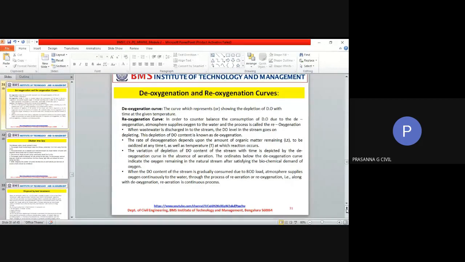Correct? Also, the DO content should be more. It should have a good DO content so that even if I'm adding my waste into it, it will not deplete the DO completely to zero. Yes, ma'am.